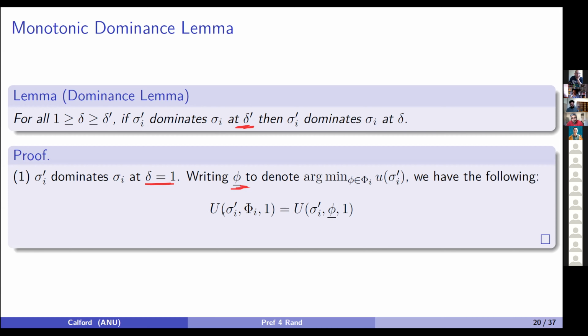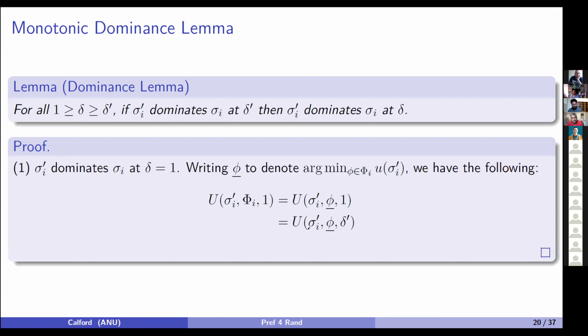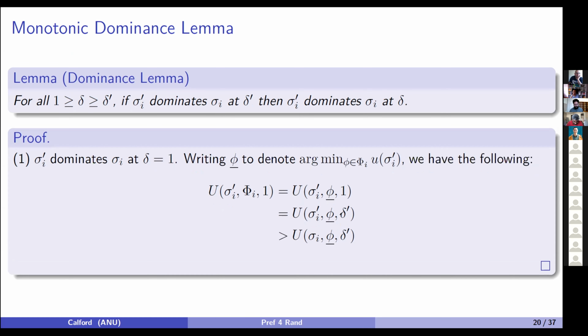My utility when I have some belief set phi I is equal to my utility if I just believe the minimum, the worst case belief. This is also going to hold if we go from delta equals 1 to delta prime, because when my belief is a singleton, my utility is constant in delta. There's no way for me to use a mixed strategy to build a hedge here because I only have one belief. And so these are equivalent.